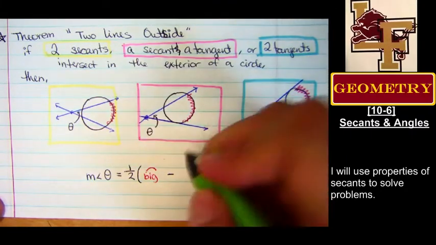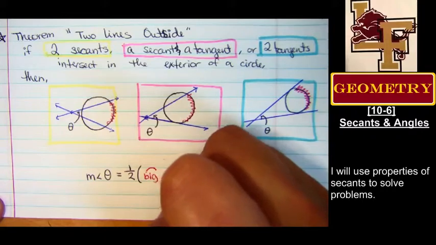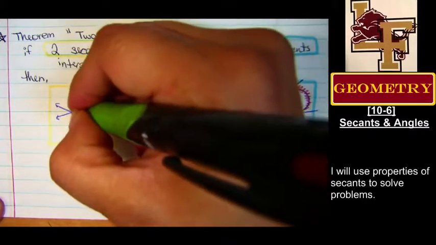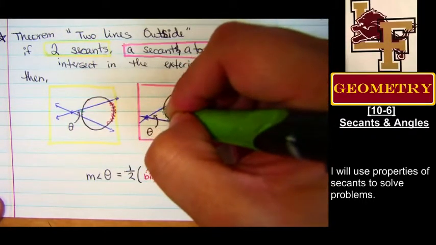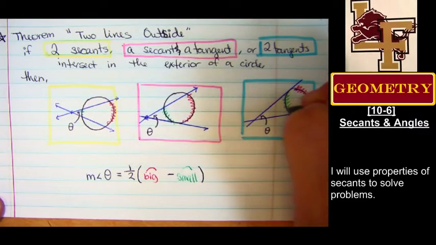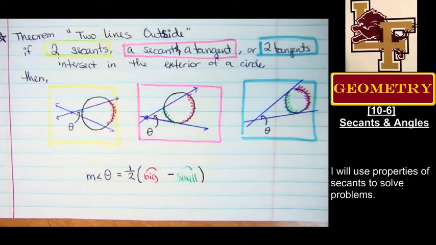The big arc's measurement minus the small arc's measurement. All right. Pretty good? Got our formula?